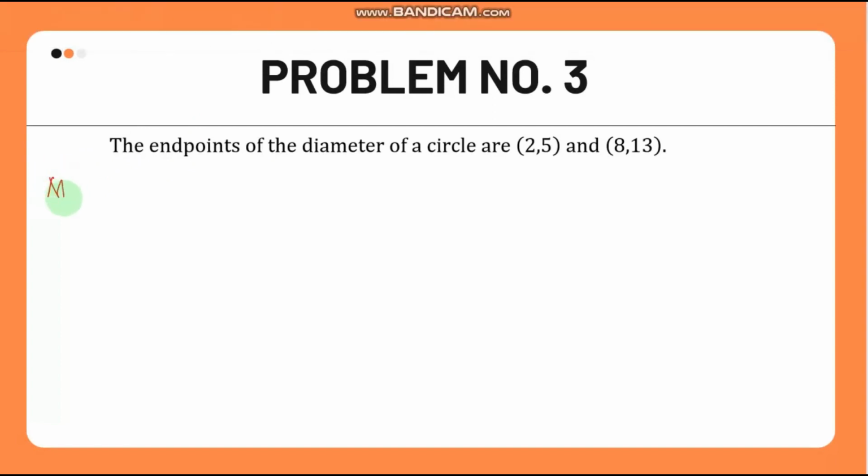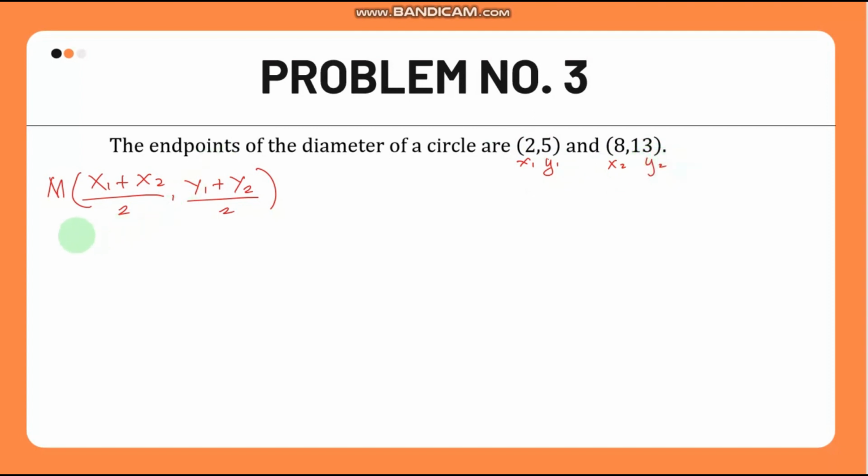Using the midpoint formula, we have (x₁ + x₂)/2, then (y₁ + y₂)/2. This is our x₁, y₁, x₂, then y₂.